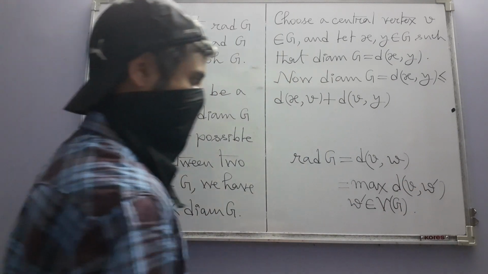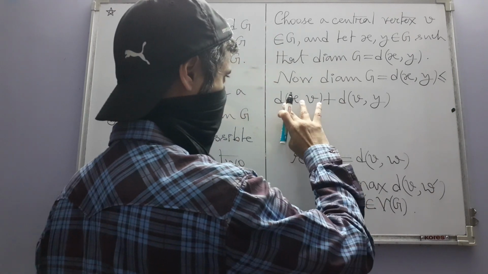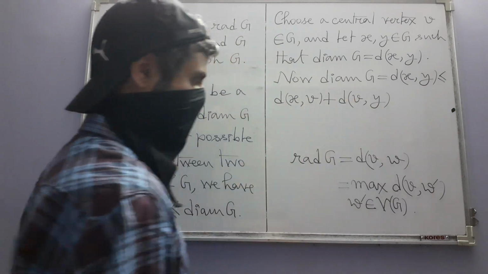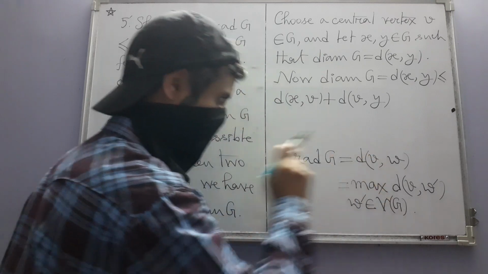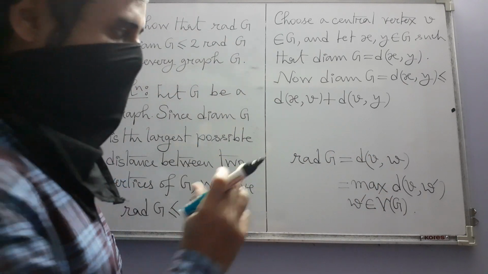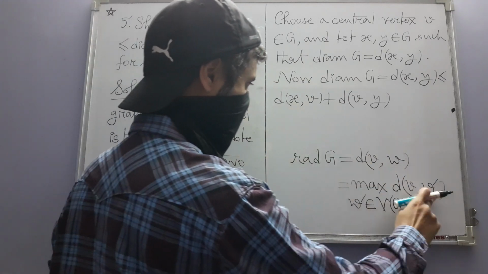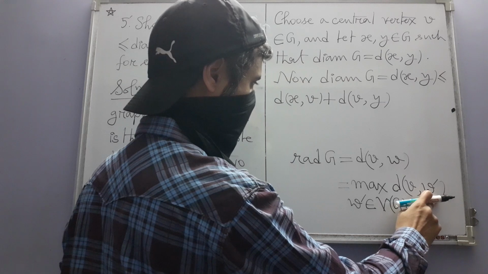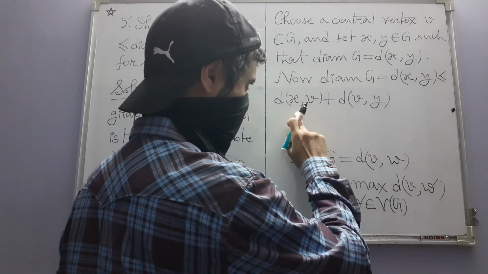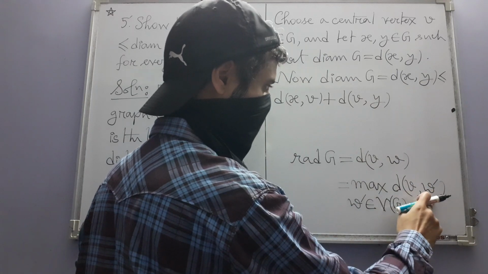So that means that if we replace each of these distances with this, we are likely writing more because it's the maximum among all such distances. You can take x in place of W prime here, so this is greater than or equal to this. At the same time, you can also take y in place of W prime here.